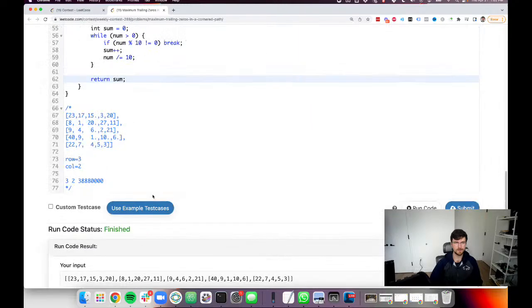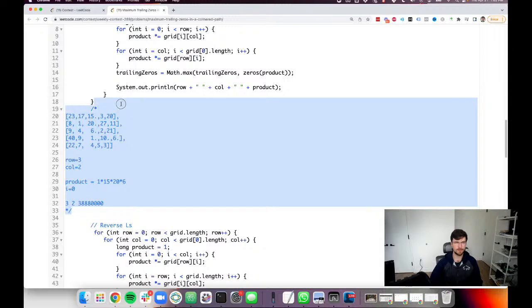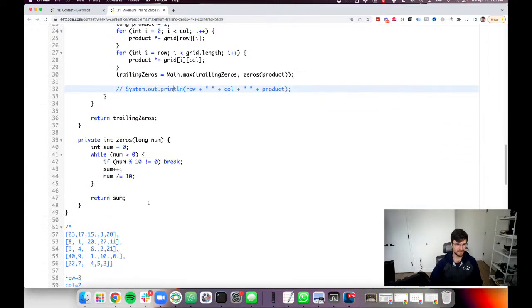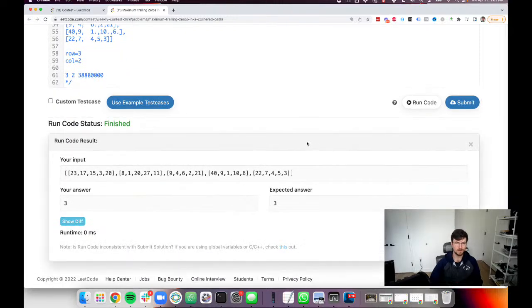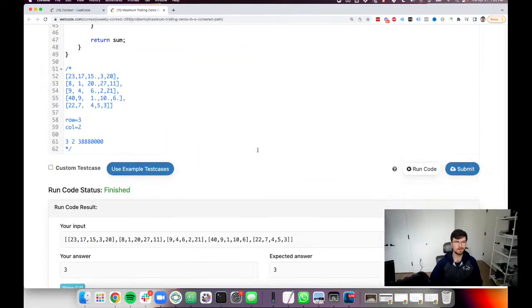So in this case, we do get the correct answer. I don't think that this is going to... I think the issue we're going to run into is either time limit exceeded or, not memory, but we might get an overflow on our long.